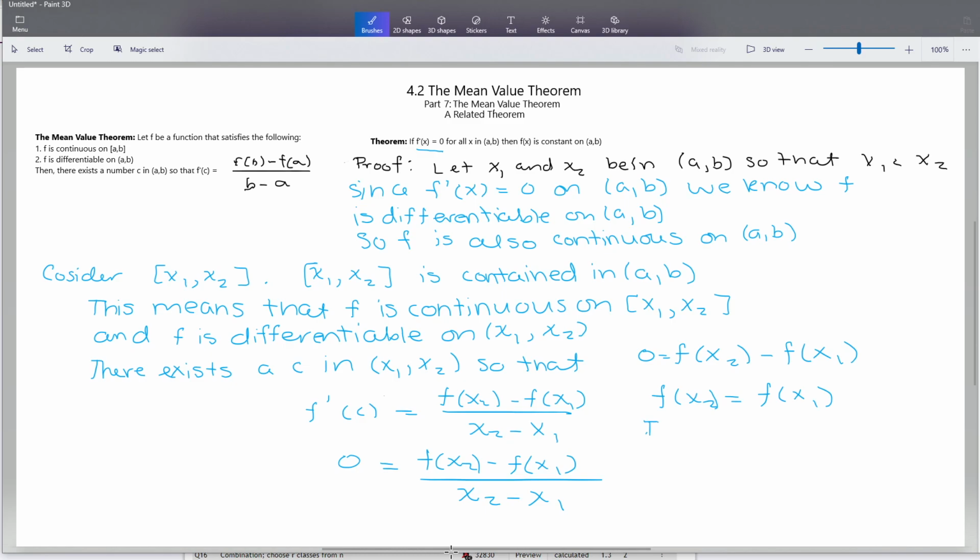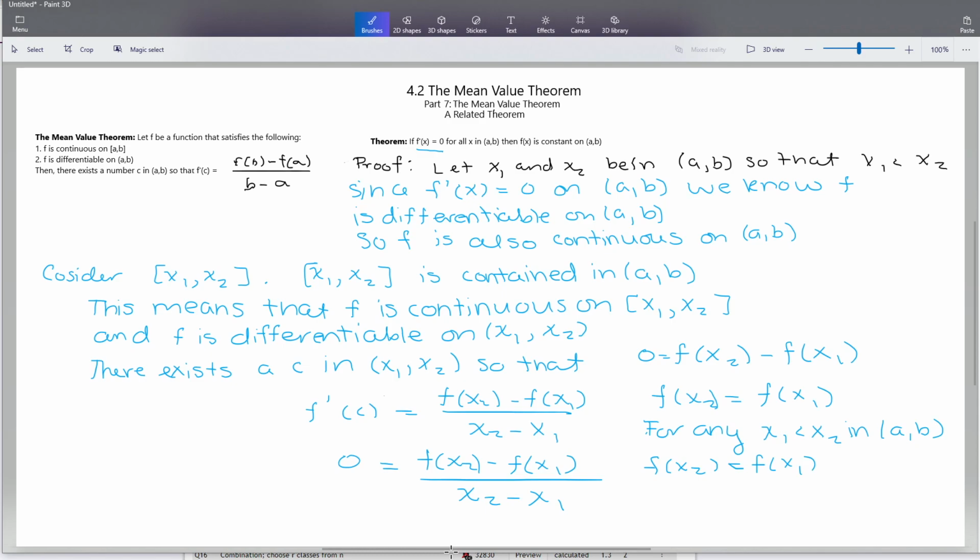So for any 2 points, f of x2 is equal to f of x1, okay? And this is exactly what it means for the function to be constant, right?